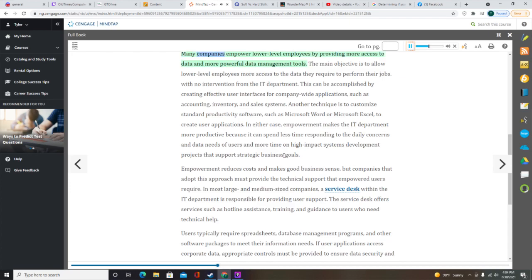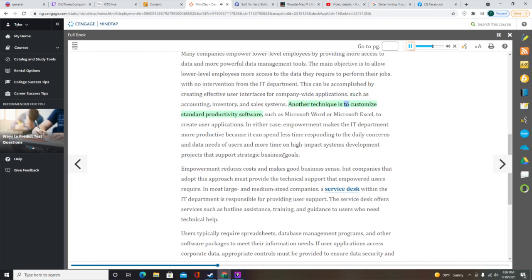Many companies empower lower-level employees by providing more access to data and more powerful data management tools. The main objective is to allow lower-level employees more access to the data they require to perform their jobs, with no intervention from the IT department. This can be accomplished by creating effective user interfaces for company-wide applications, such as accounting, inventory, and sales systems.